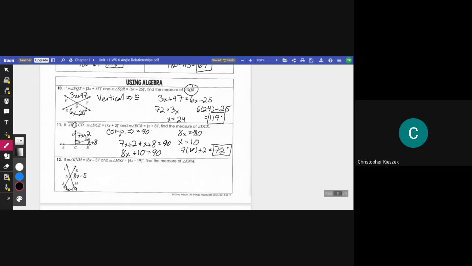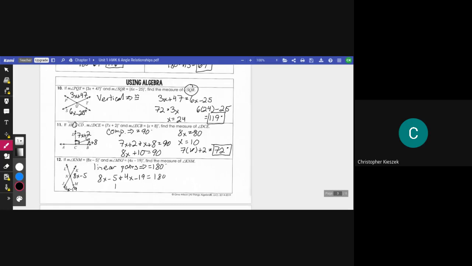These two angles are adjacent to each other and they form a line. So they are a linear pair. Which, if we go back to our vocab, means what? Mathematically, adds to 180. So 8x minus 5 plus 4x minus 19 is going to equal 180.